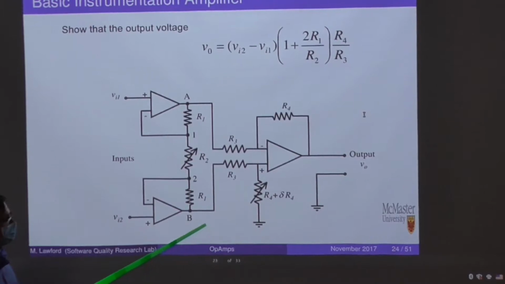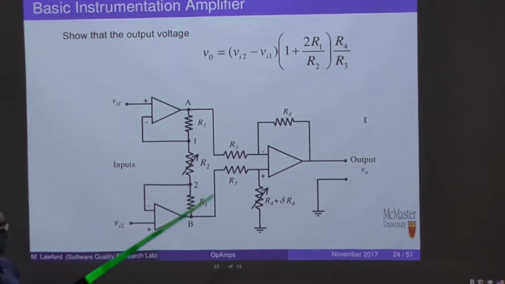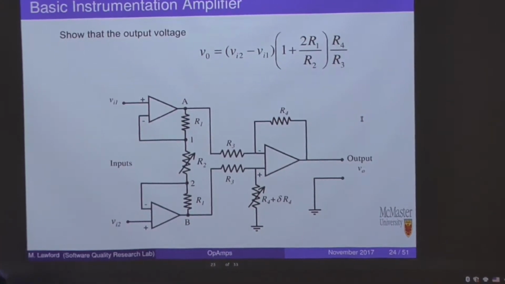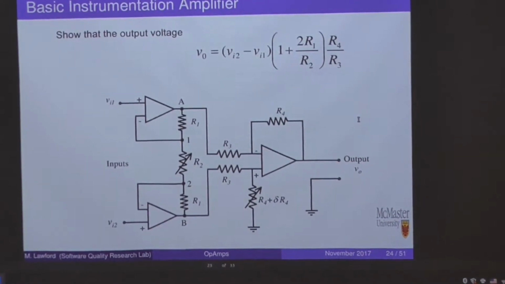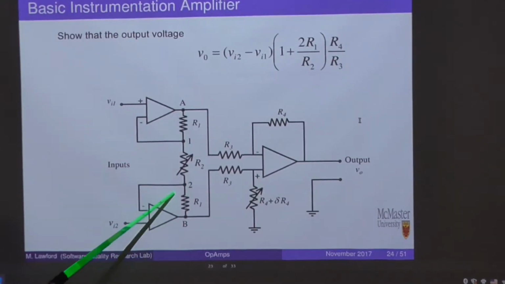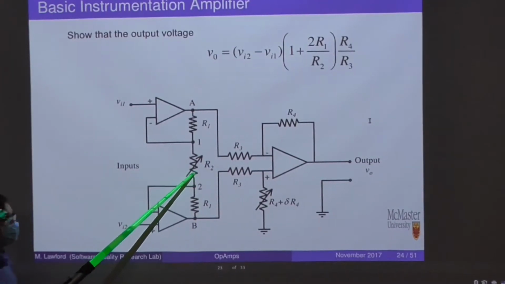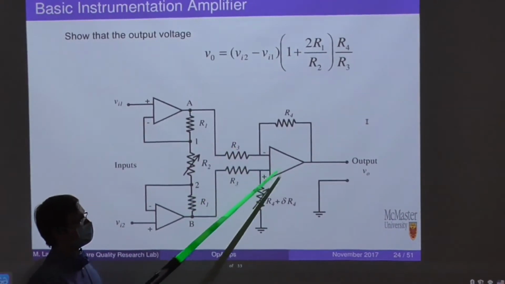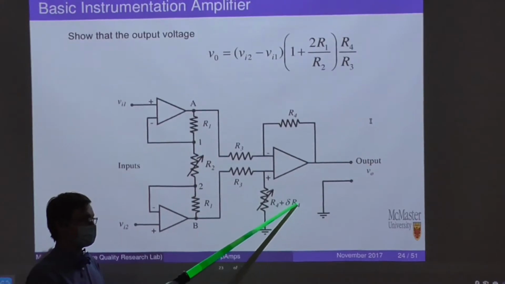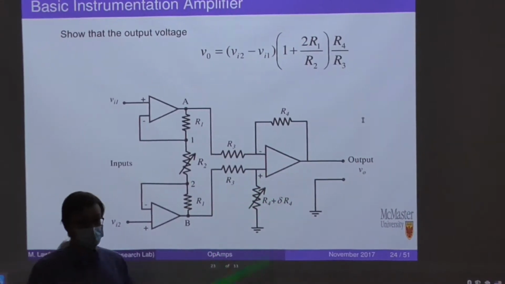So we've got 3 operational amplifiers in this particular circuit. 2 resistors, R1, both having value R1. A resistor of variable resistance in the middle, R2. And then R3, R3, R4, R4 plus delta R4. We're going to assume that delta R4 is actually equal to 0.